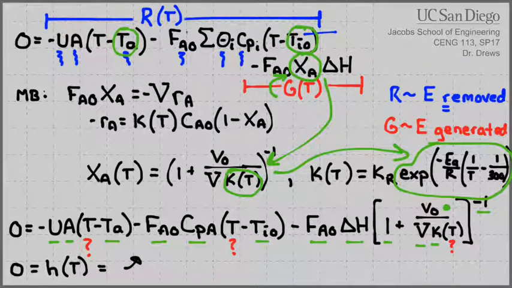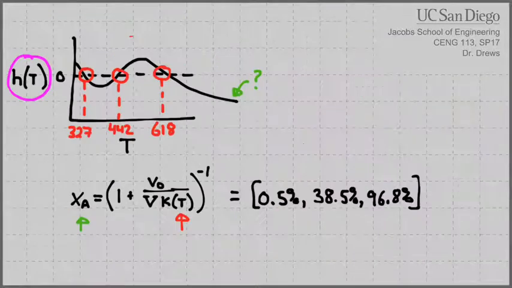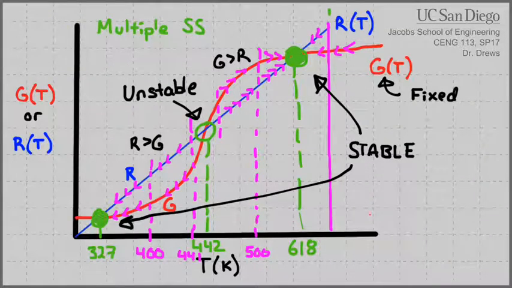If I have a stream going into one of those reactors, maybe I hold a Bunsen burner in front of the inlet stream and temporarily raise that temperature. Either one of those is going to shift that R curve, the R(t) curve. So this R(t) that we've got, I'll label it over here. R(t), we can adjust either T_a or T_i0.